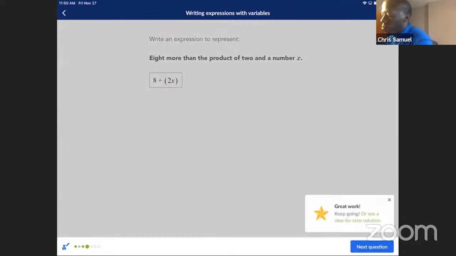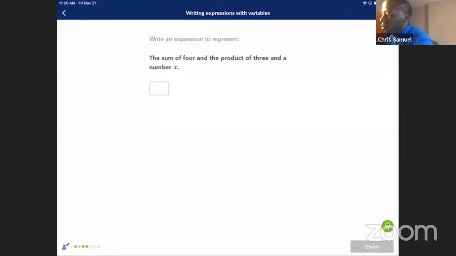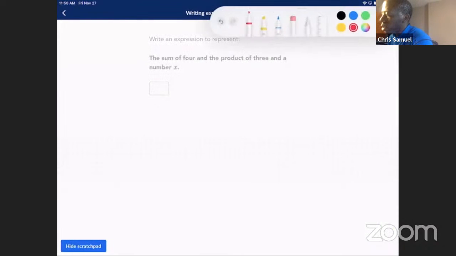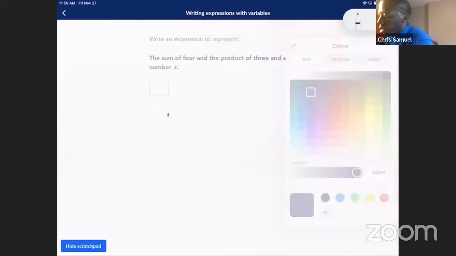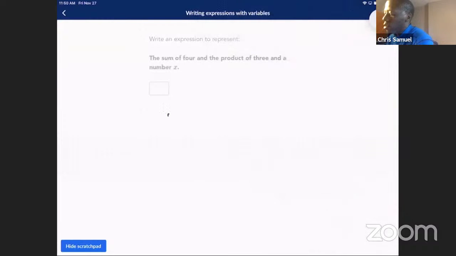Okay. Write an expression to represent the sum of 4 and the product of 3 and the number x. So when I start this question, I'm going to say the sum of 4. I like to write the word sum here. Sum equals 4 and the product of 3. So we say 4 and then we say plus, and it says the product of 3 and x.